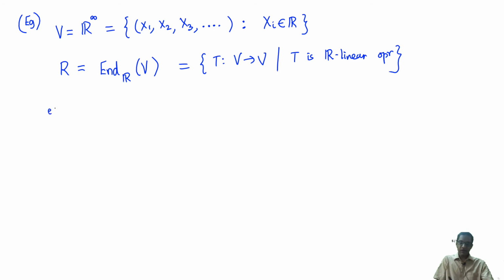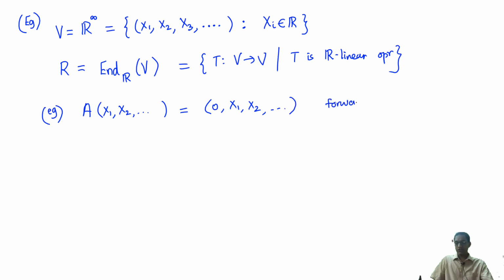Let me demonstrate that explicitly for you. I will look at two special operators which I will also use for my example. One of them is called A. It takes x1, x2, dot dot dot and moves everything one step forward: 0, x1, x2, etc. This is the forward shift operator.